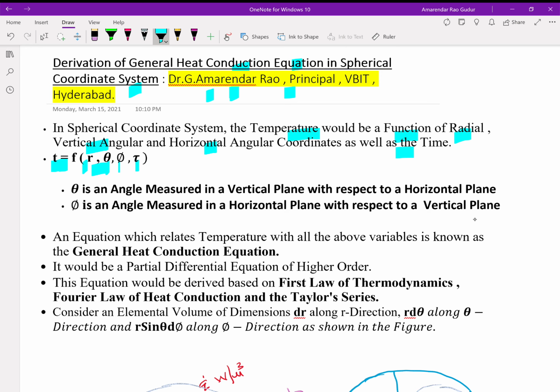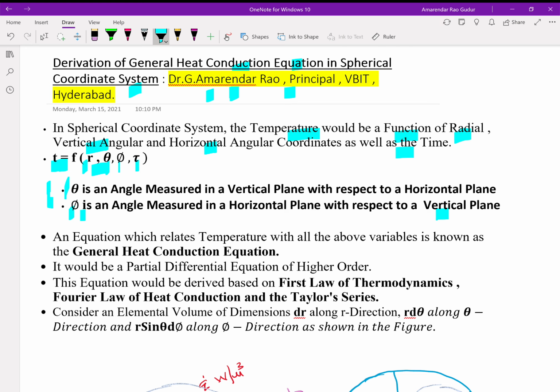You may note that here theta is the angle measured in a vertical plane with respect to a horizontal plane, which means that this angle will be available in the front view. It represents the height of a point in a sphere, whereas phi is the angle measured in a horizontal plane with respect to a vertical plane. This angle would be available in the top view, and this angle represents the depth of the point.